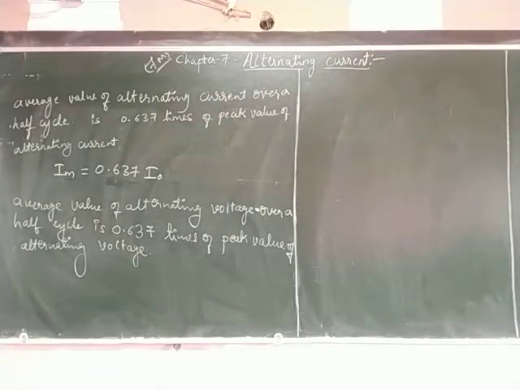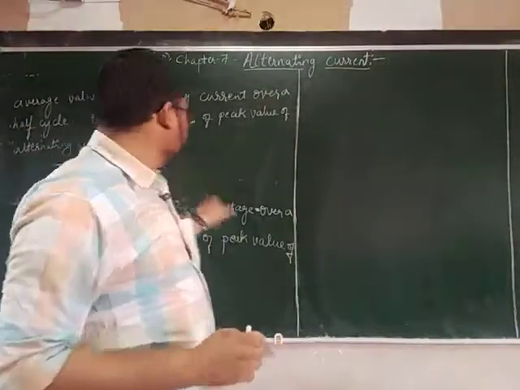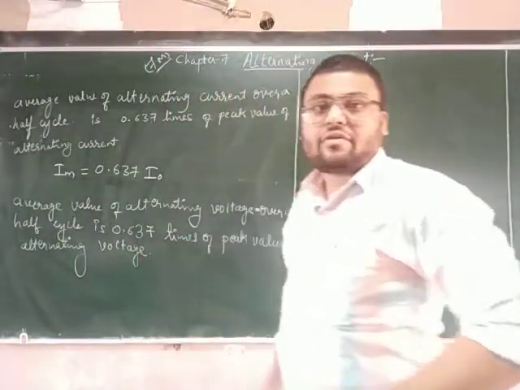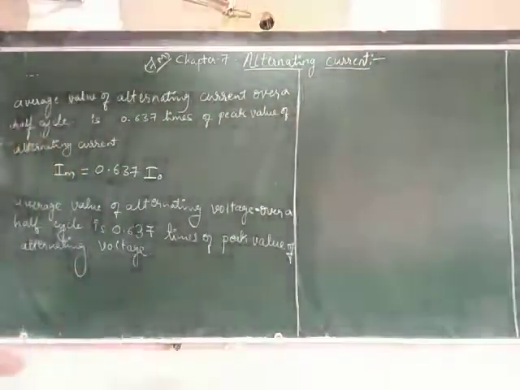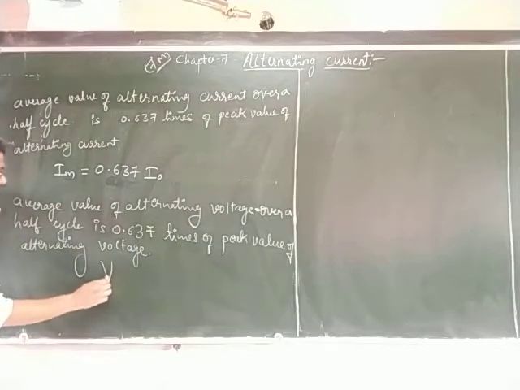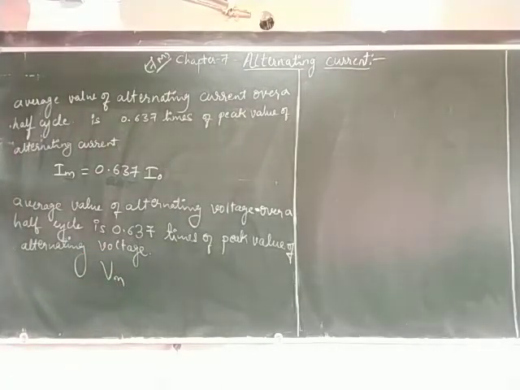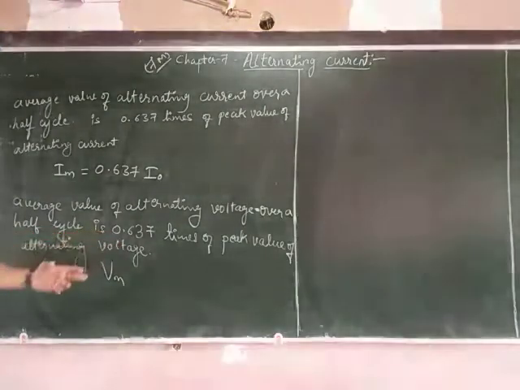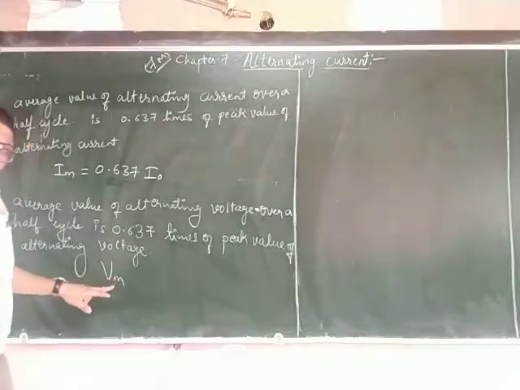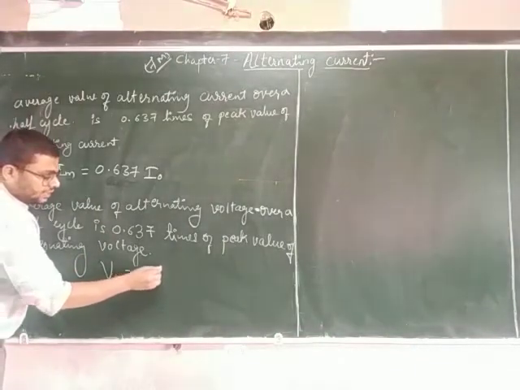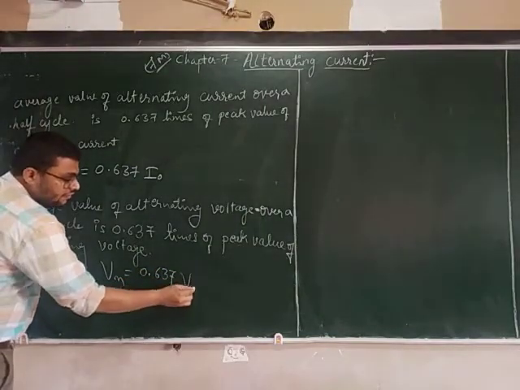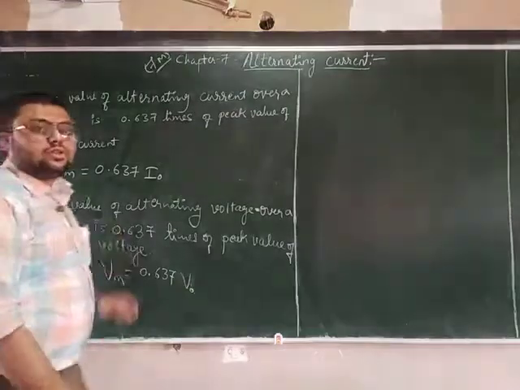Right? Okay. So if we want to write it in equation form, for the average value of alternating voltage we can consider V mean, or E also you can consider. V mean is equal to 0.637 V naught.